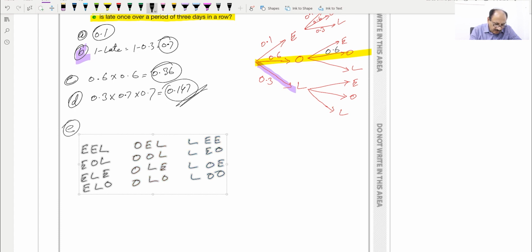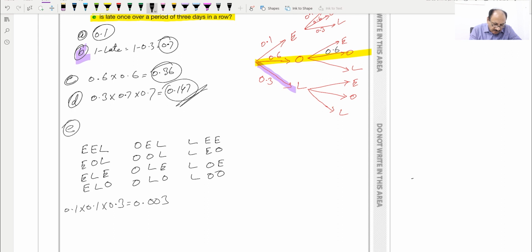So for early and early, which is the first option basically, we can take early is 0.1, so 0.1 into 0.1 into 0.3, and this will be equal to 0.003.